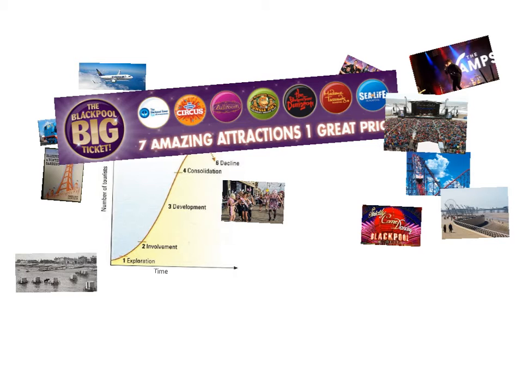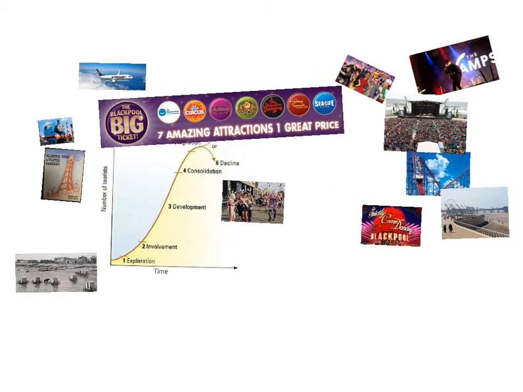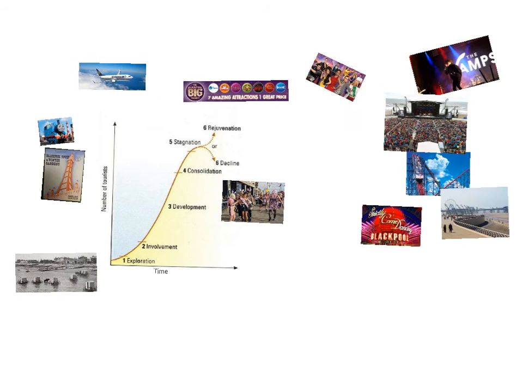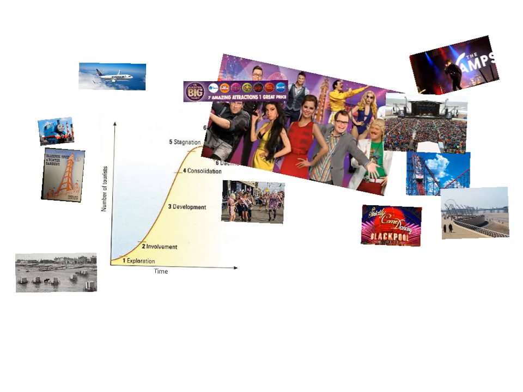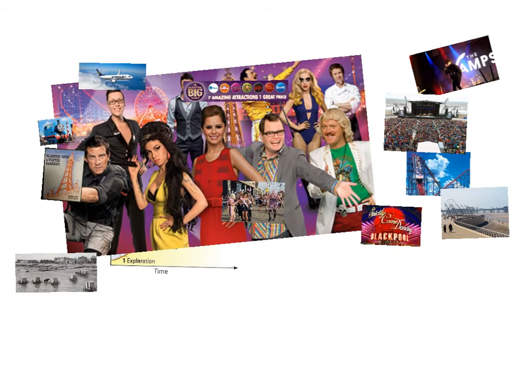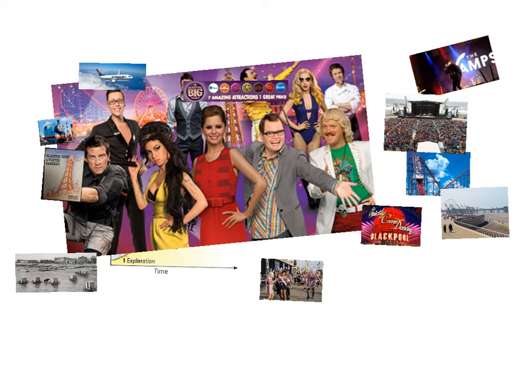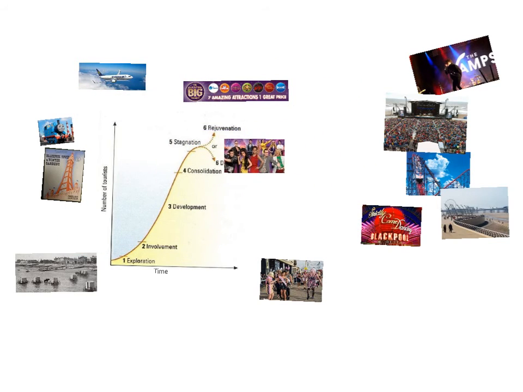They built a Madame Tussauds in Blackpool with the usual familiar characters that you might be aware of. There's Bear Grylls, bit of geography in there. So there's Madame Tussauds that people can go to. And again, rejuvenation is about attracting new people back to Blackpool and increasing the number of tourists.